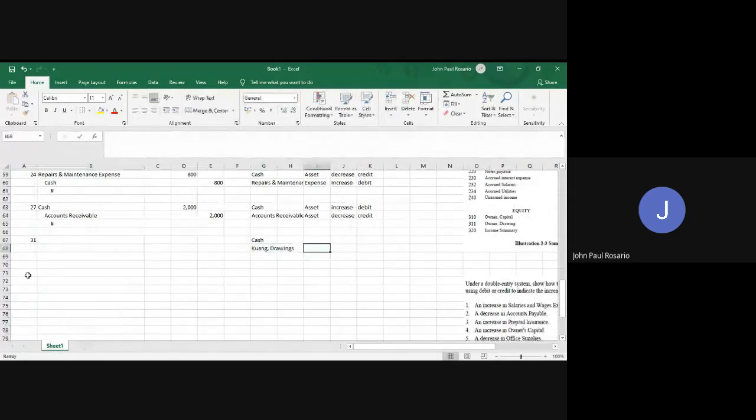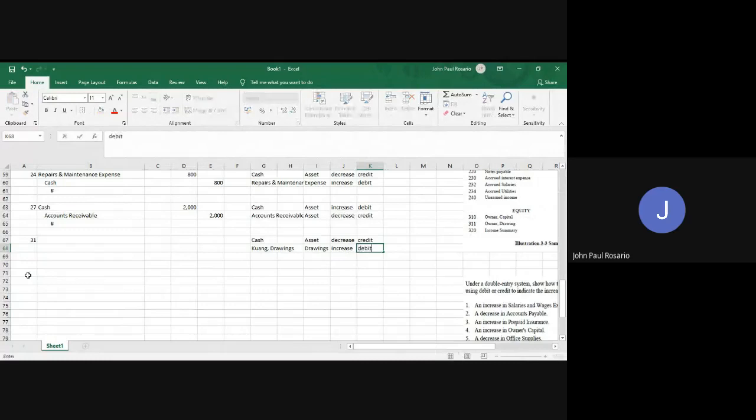Nag-withdraw man siya, so nakuhaan ang cash sa negosyo. Madungagan ang cash sa tag-iya pero nakuhaan ang cash sa negosyo. Sa negosyo ta nga point of view mo tanaw, dili sa point of view sa tag-iya. So credit. And then nadungagan ang drawings. So increase in drawings is debit.